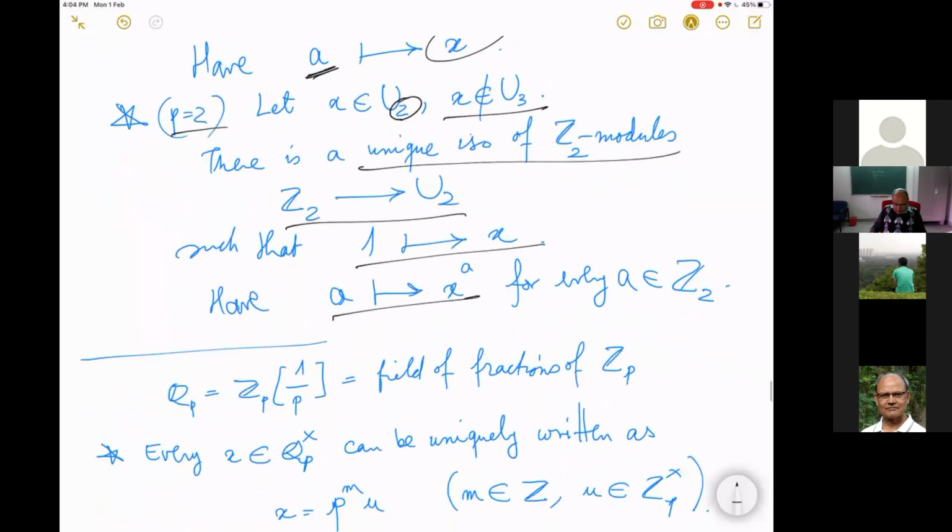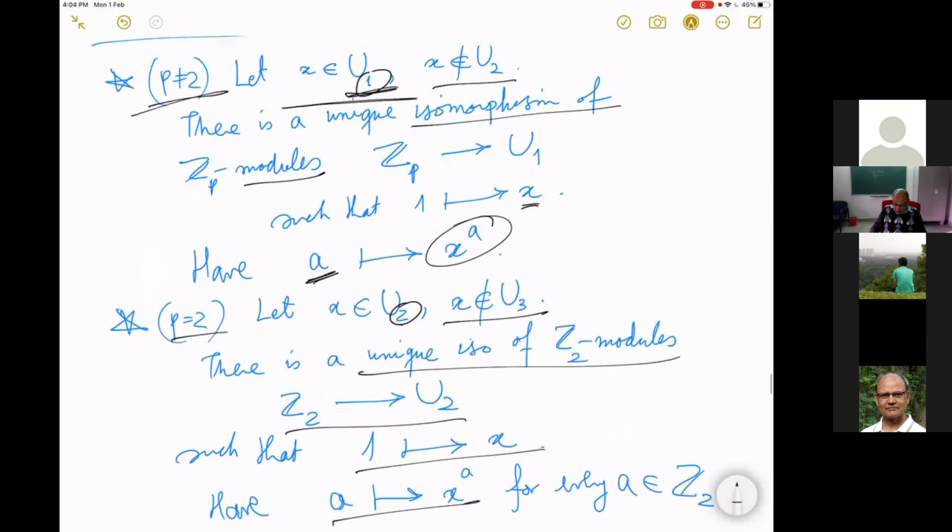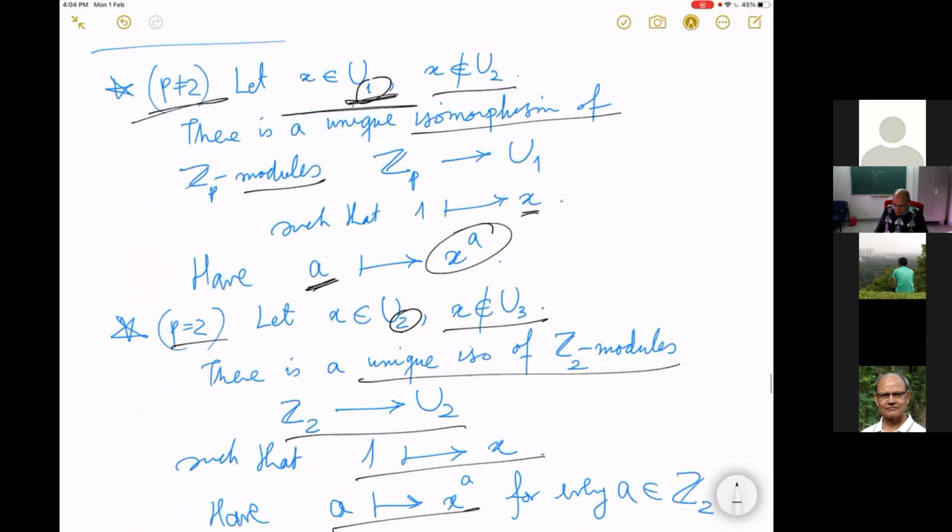So I should have said that this leads to a complete determination of Z_p star. First we said that it's U_1 times R. This R is naturally isomorphic to F_p star. U_1 is isomorphic to Z_p.